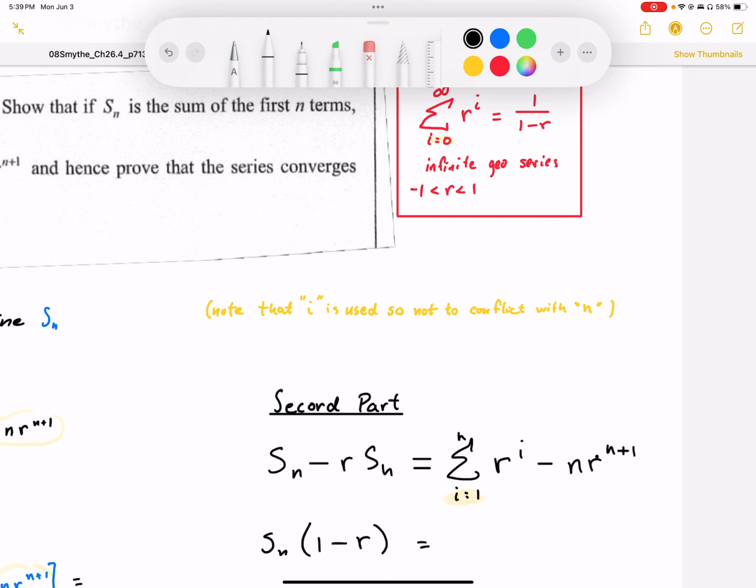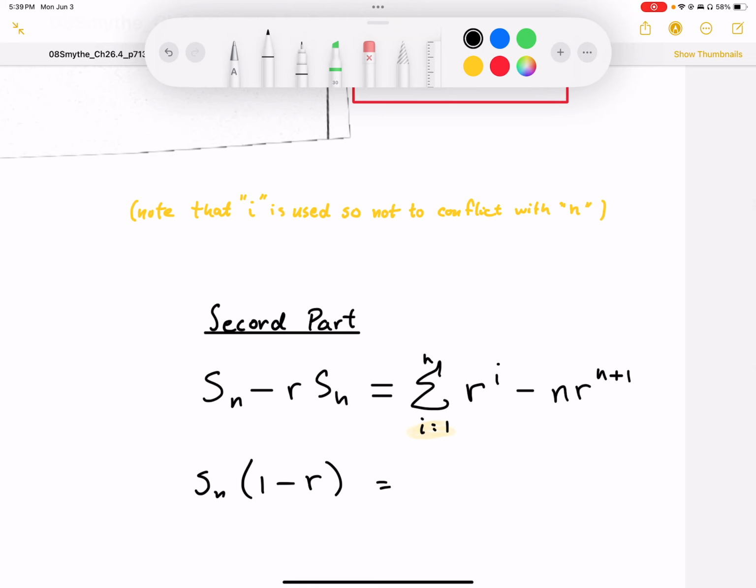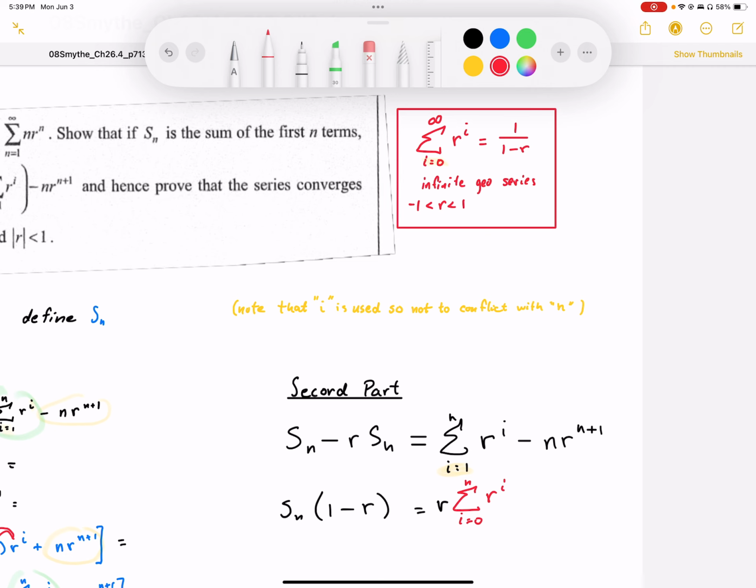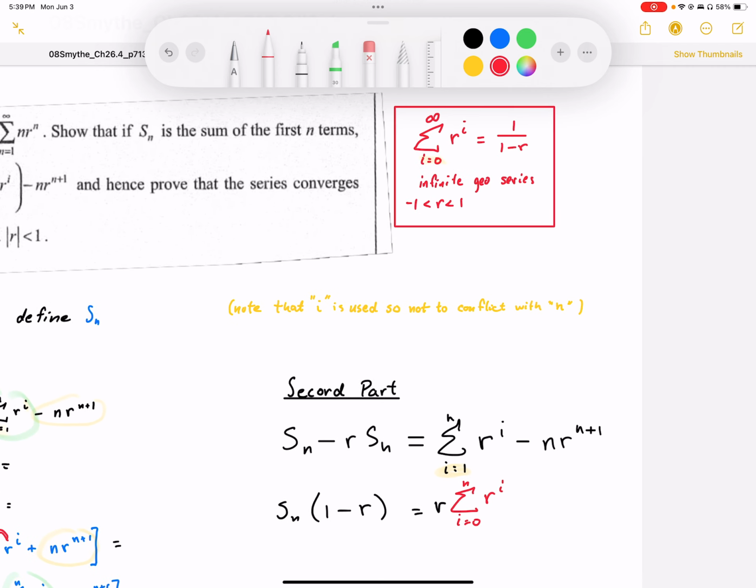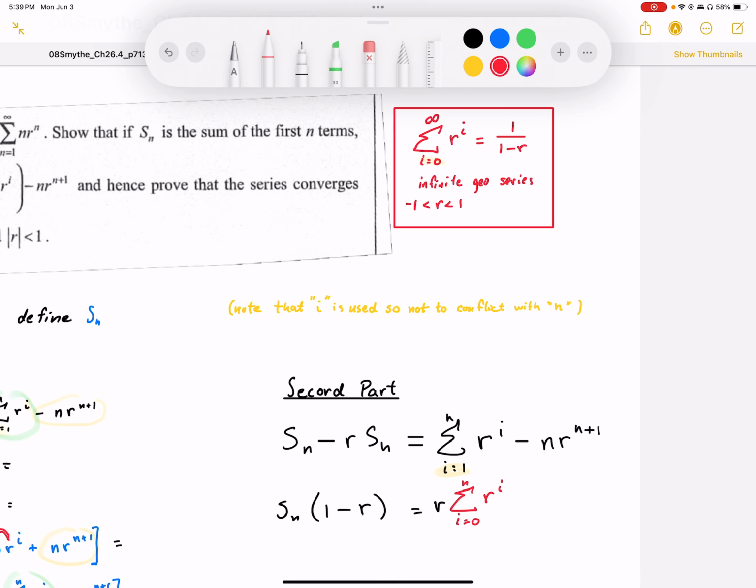That means the term we're looking at has an extra factor of R, and I'm going to account for that by taking that R out on the outside: R times the sum from 0 to n of R to the power I. Now that it's starting at 0, this is the same as our infinite geometric series, and I have an expression of 1 over 1 minus R that I can replace there.